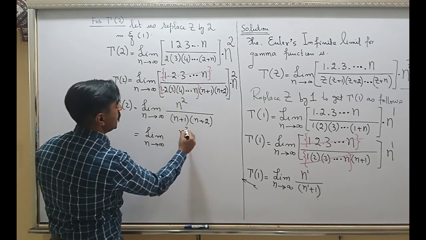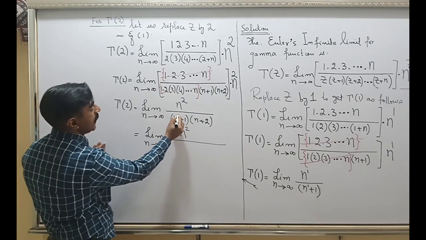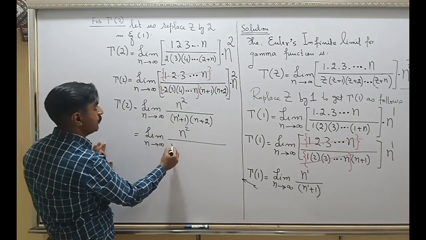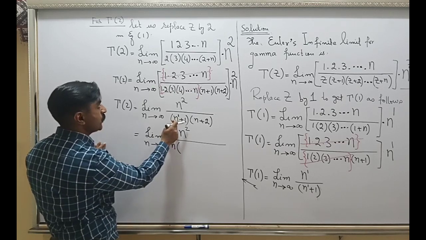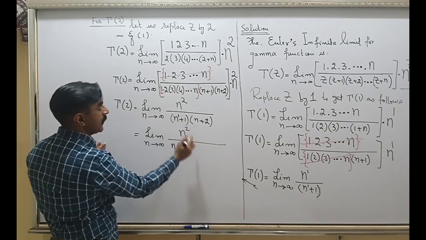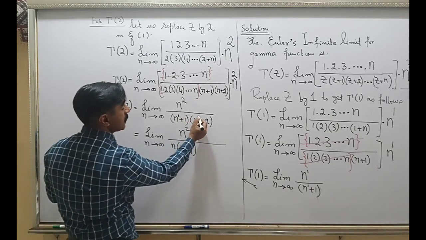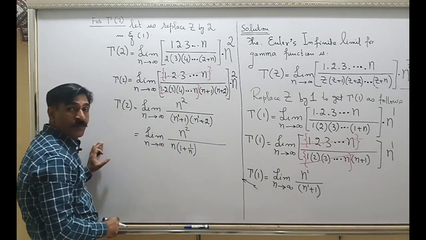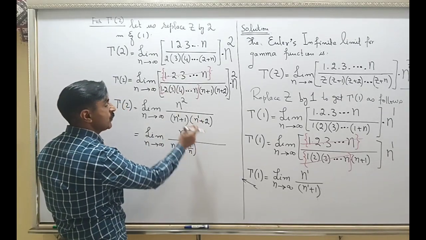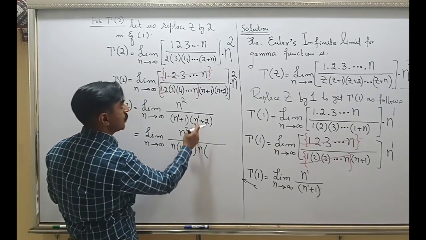There is only one factor in the numerator and keep it. Now, in this factor, the highest power of n is 1. Pull it out, mean n into. When this is pulled out, you will get 1 here plus 1, there is no n, it will be 1 over n now. Similarly, here the highest power of n is 1 and you should pull it out from this round bracket. So n into.